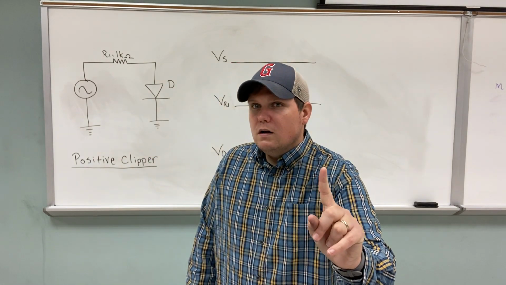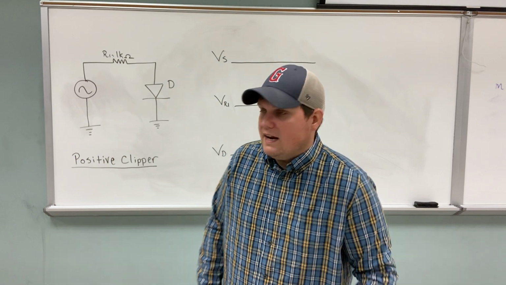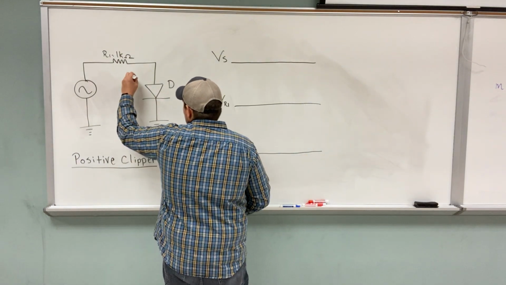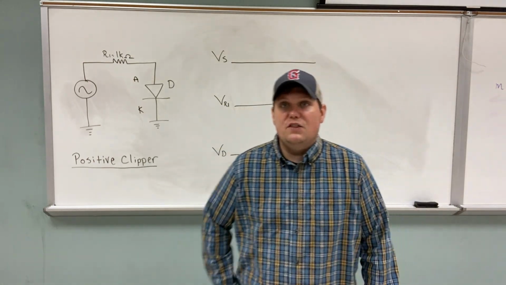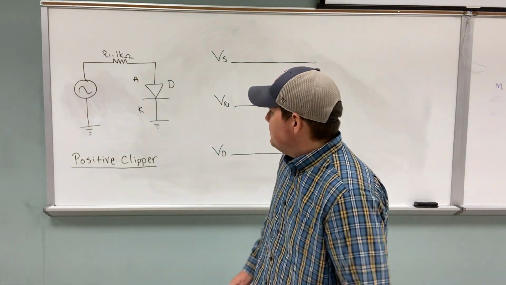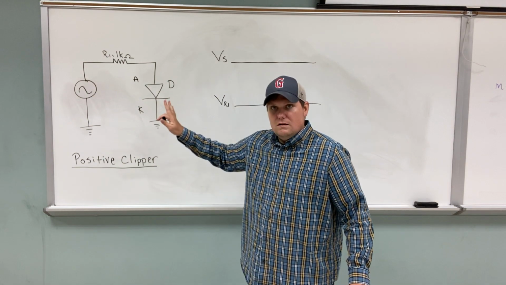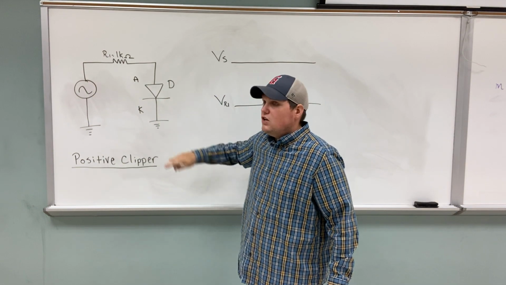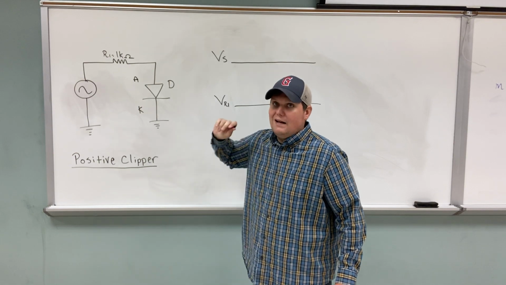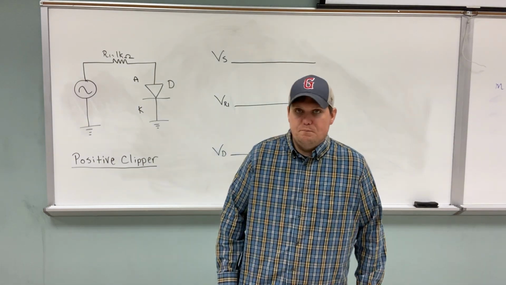Remember, in order to be forward bias, the anode has to be more positive than the cathode. I'm going to ask again: is this circuit forward bias or reverse bias, based on what we've done before?